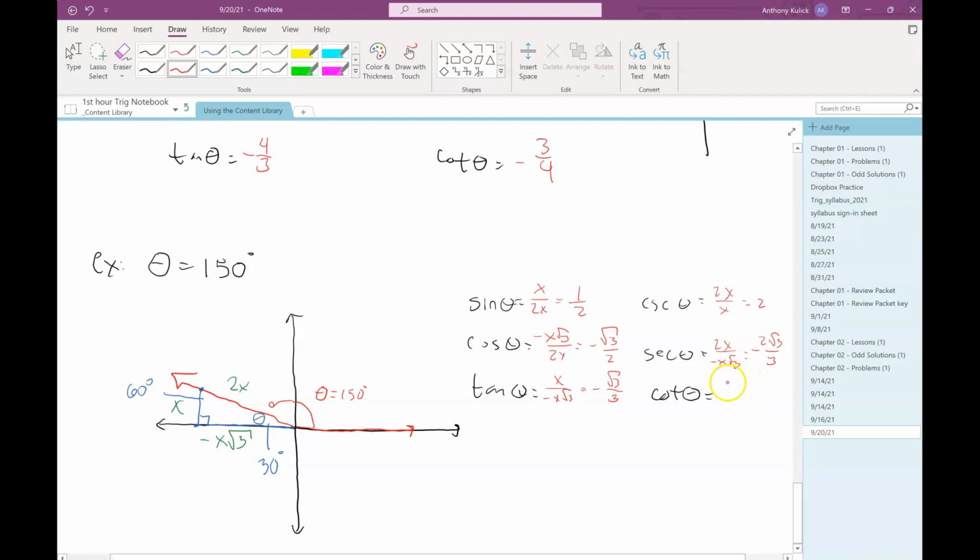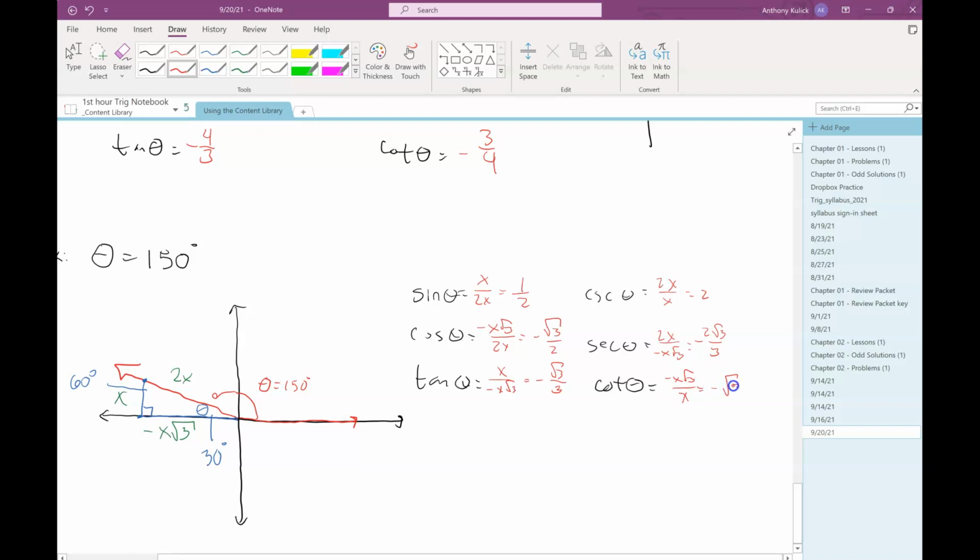And then cotangent would be negative x root 3 over x, or just negative root 3. Is everybody okay with that? Yes, of course.